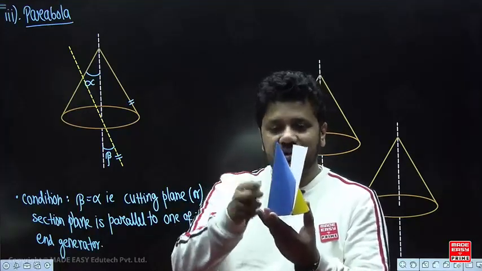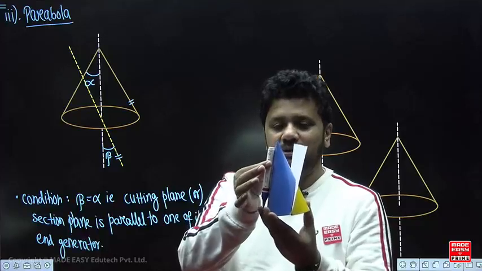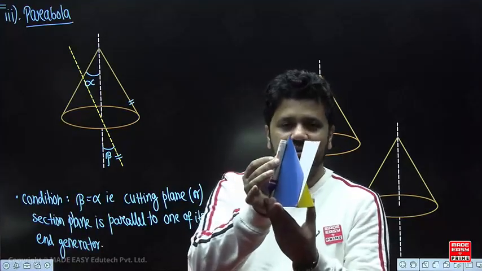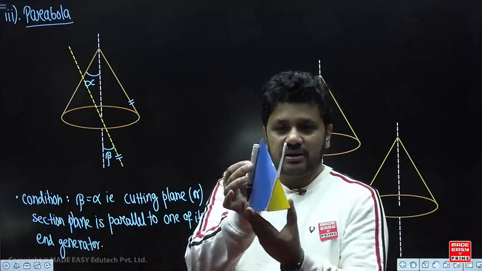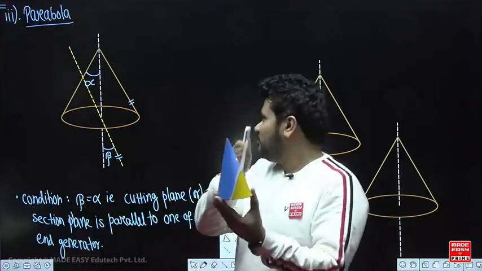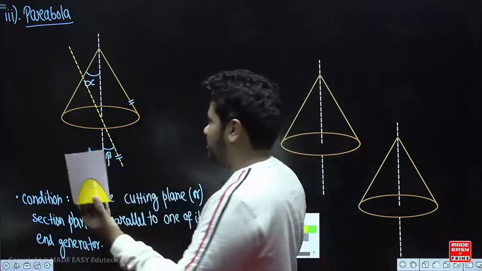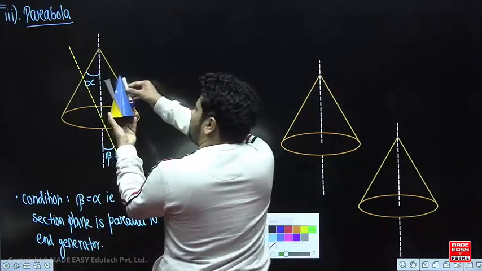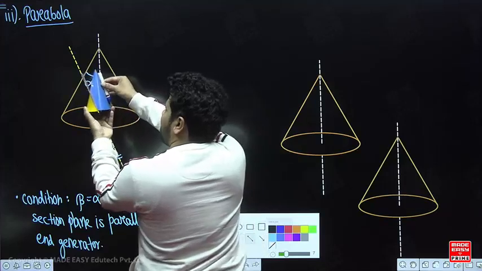So this is the end generator. If I put the marker over here, this marker and this plane both are parallel to each other, you can check it yourself. So this is the condition for the parabola, right? When you have drawn a figure like this, you can see that this is parallel to one of the end generators, correct? See the figure and see this one.